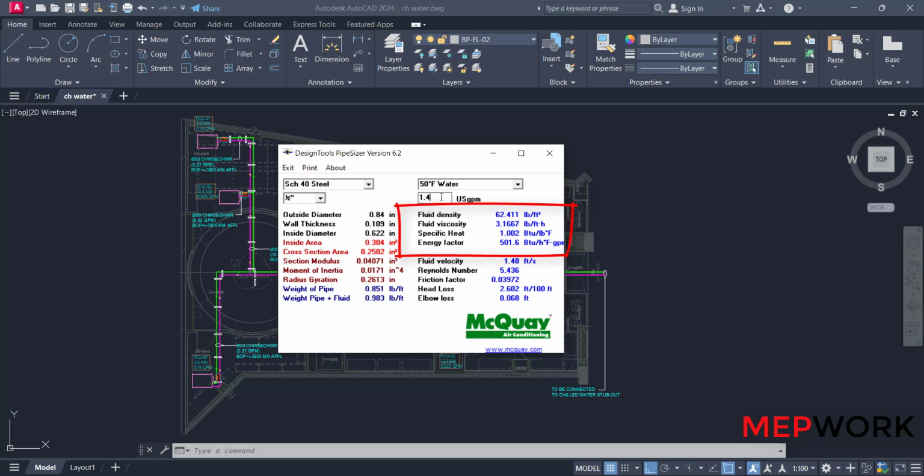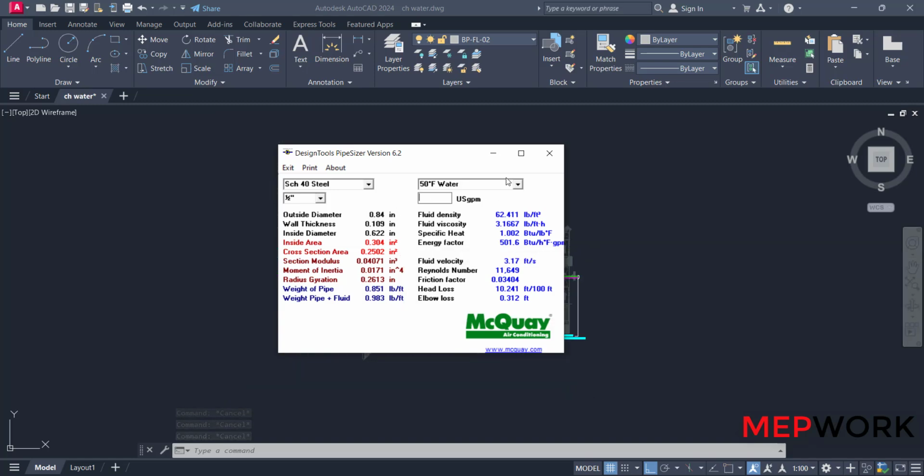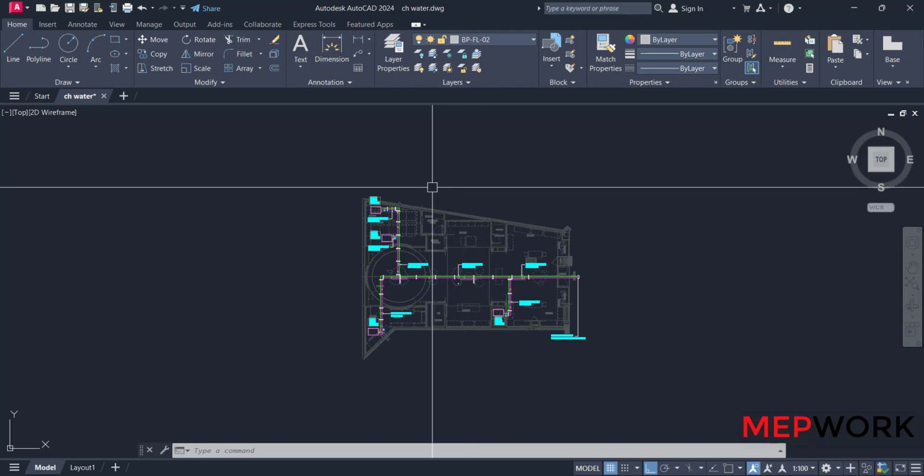If you change the flow rate, nothing changes in these values. On the lower right side, these parameters are related to fluid flow rate, like fluid velocity and head loss. Let's go back to our example.